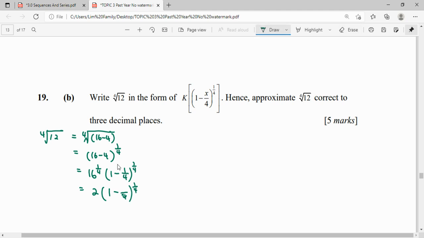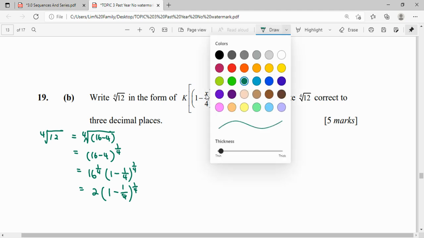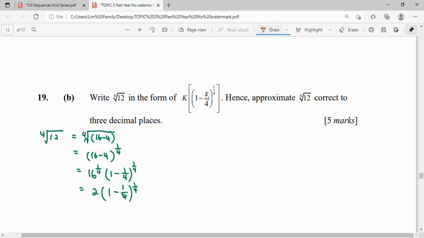So we are not finding the value of x yet. They ask us to change it to this form. After you change it to this form, then you can compare. Our coefficient k is 2.